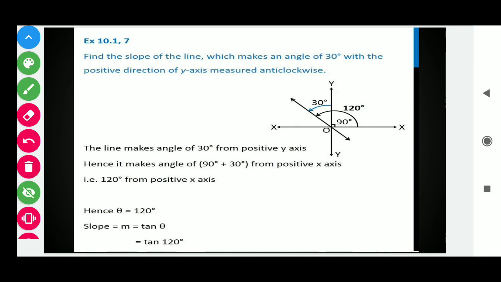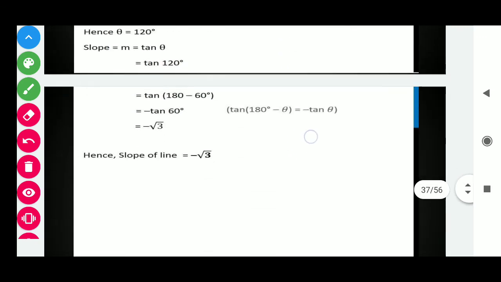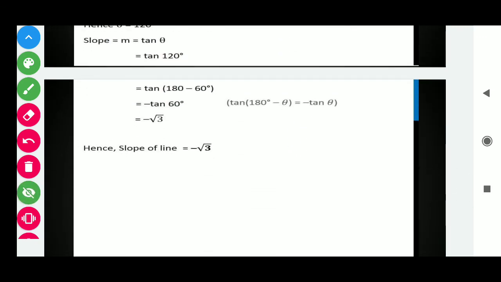So in this way, the angle is 120 degrees, and we know that if the angle is given, then the method to find the slope is tan theta. In this way, m equals tan theta, and here theta is 120 degrees, and we know that 120 degrees lies in the second quadrant, and in the second quadrant we write the angle as 180 minus theta.